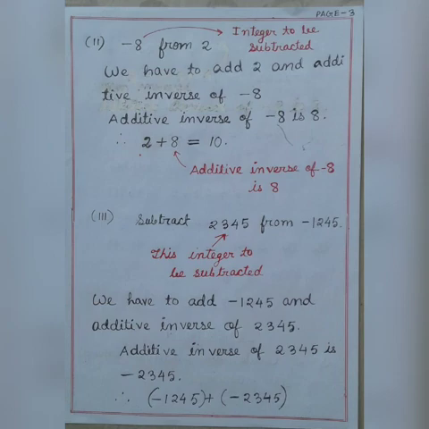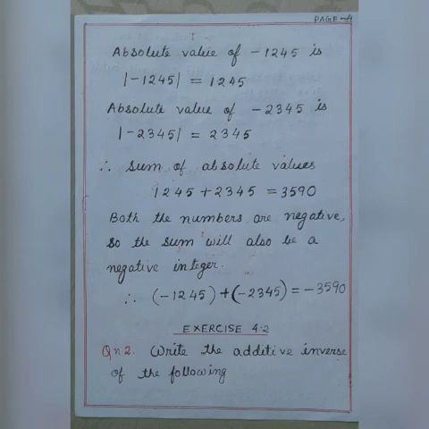In my last class, I have shown you how to find the sum of two negative integers. What we have to do? We have to find the absolute values of the negative integers, then find the sum, and finally we have to put a negative sign before the sum of the two integers. So here the absolute value of minus 1245 is 1245.